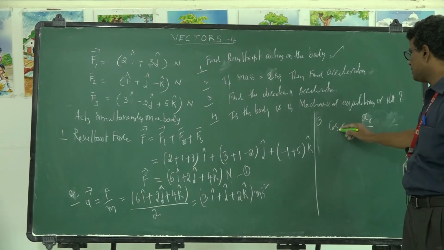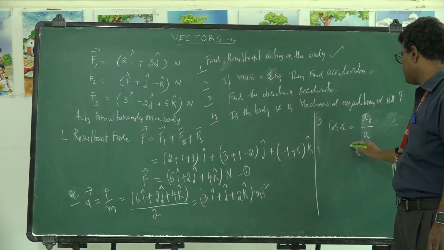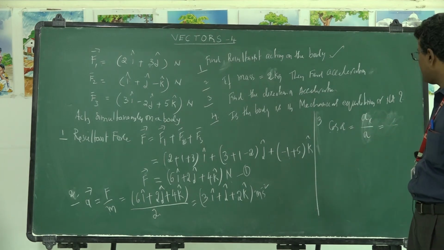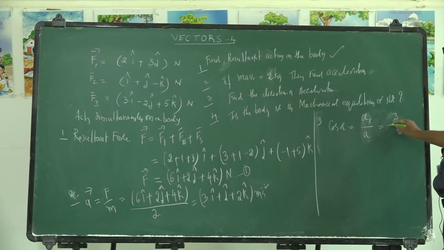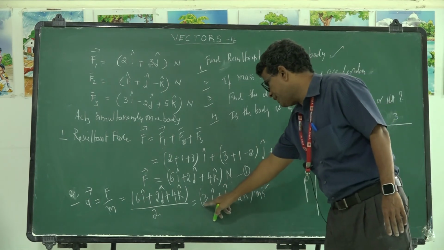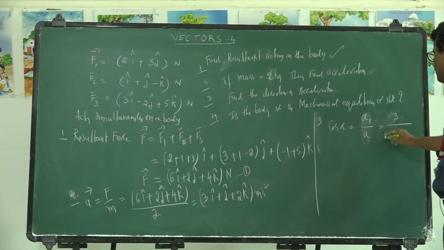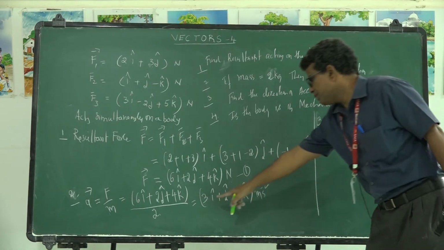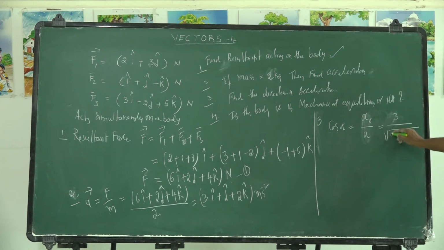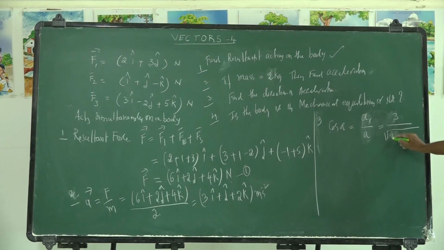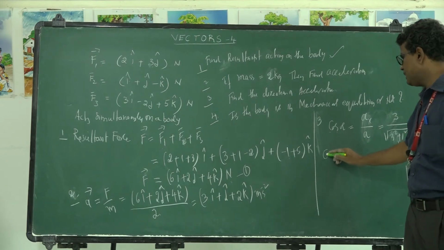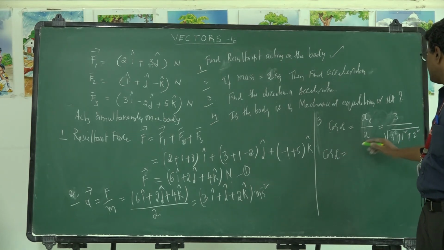This is cos alpha. So what is the x component of acceleration? It is 3. It is 3 by the magnitude of acceleration, square root of 3 square plus 1 square plus 2 square.